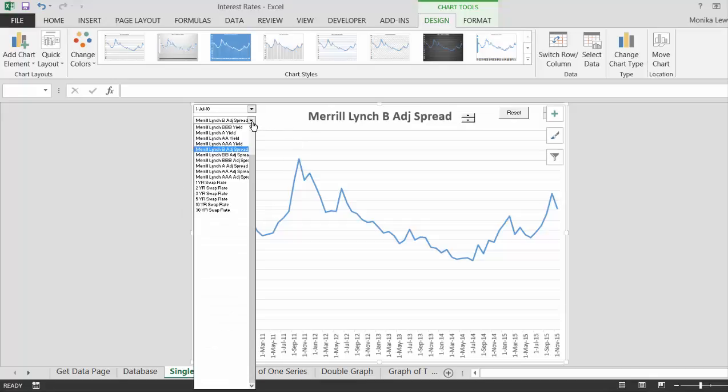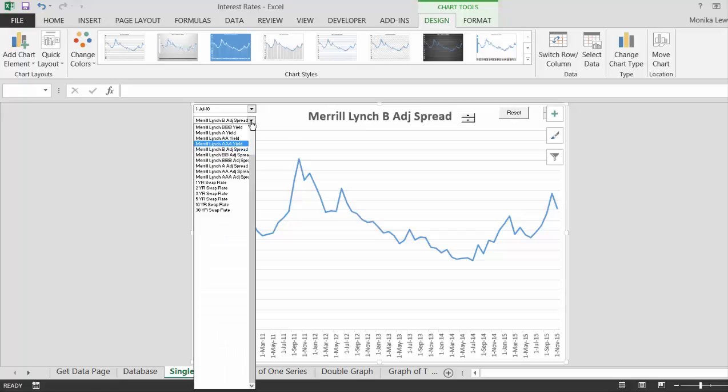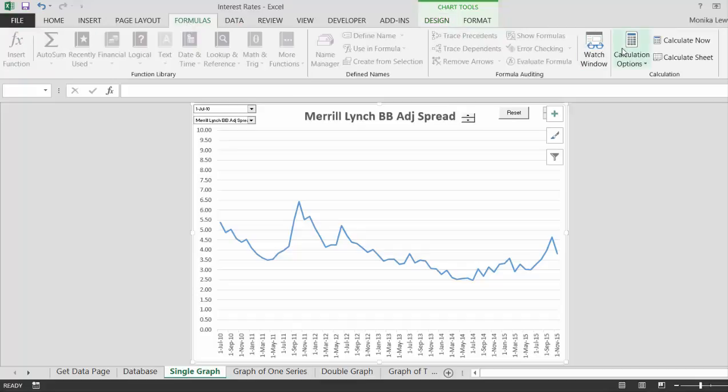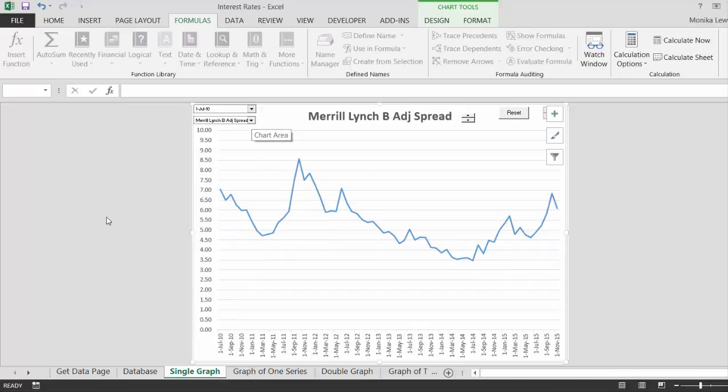So here's a double B credit spread, which is in the neighborhood of 6%. Do I have the formulas turned off? No. What is that in the neighborhood of 4%? Single B credit spreads.